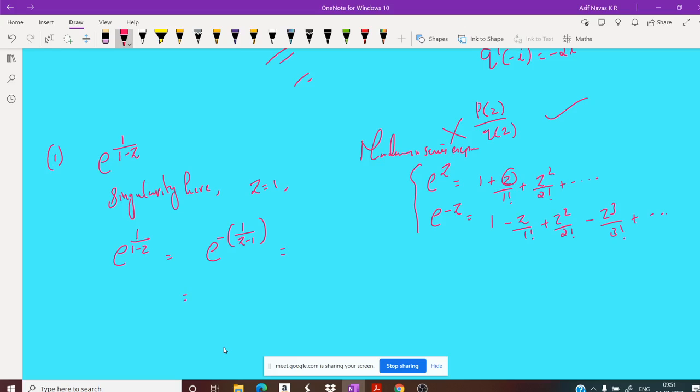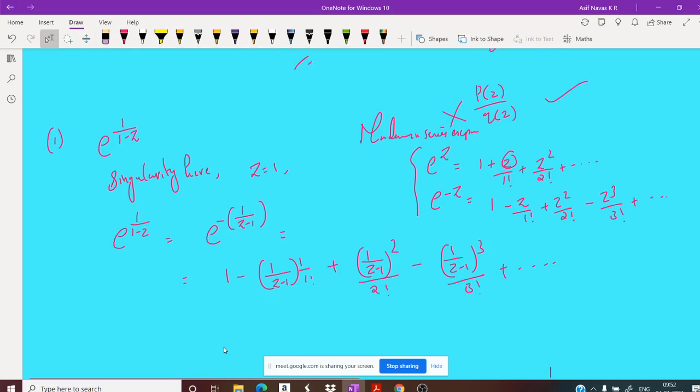So what will be the expansion? 1 minus 1 by z minus 1 by 1 factorial plus 1 by z minus 1 all square divided by 2 factorial minus 1 by z minus 1 all cube divided by 3 factorial plus etc.